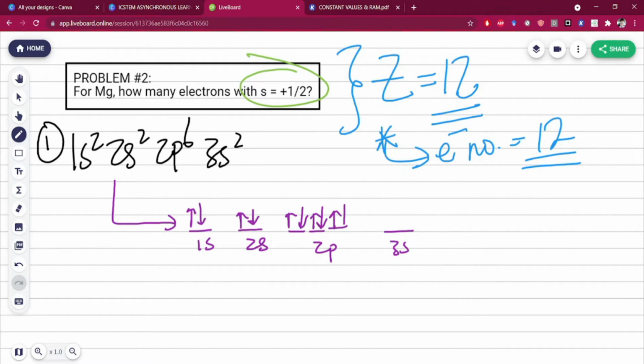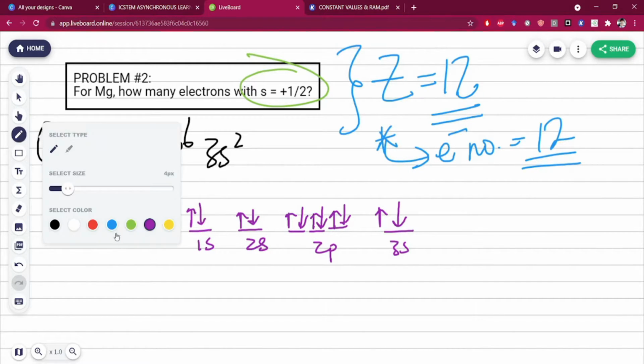Okay, I'll just speed that up. And do remember, you can say that the electrons with the arrow going up represent the positive half spin, and the arrow spinning down represents the negative half.